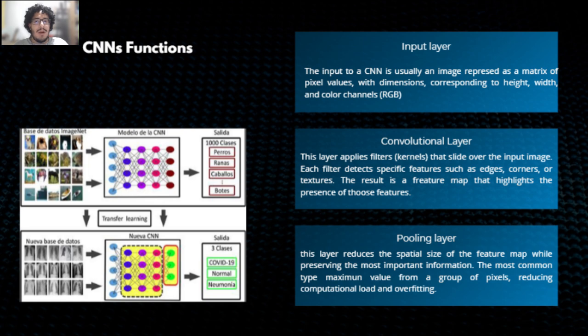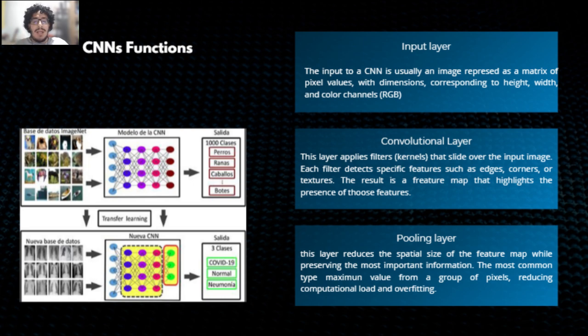The next one is the pooling layers. These reduce the size of the feature map while keeping the most important information. The most common method is max pooling, which takes the highest value in a region. This helps to reduce the computational cost and prevents overfitting.